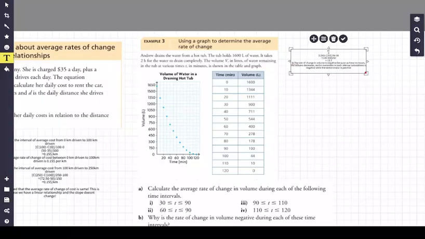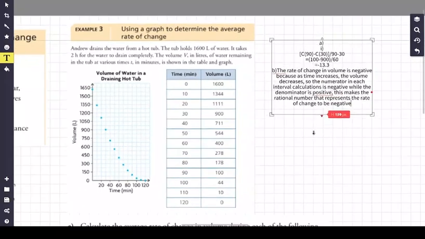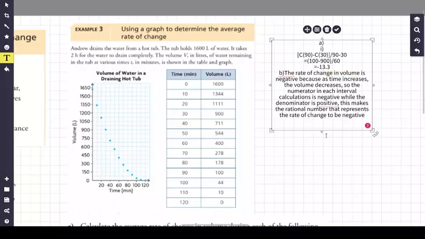Because of this, the rational number that represents the rate of change is negative. Let's also talk about why this intuitively makes sense. The water is flowing out of the tub, so the volume that remains will always decrease.